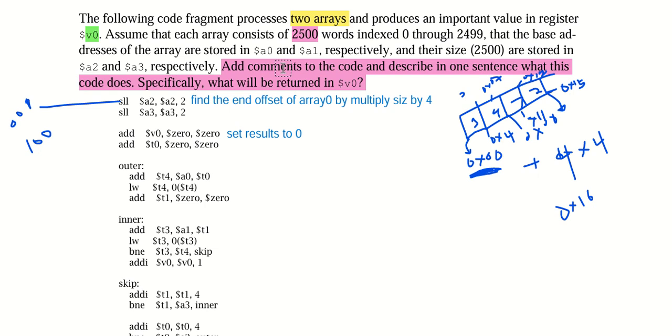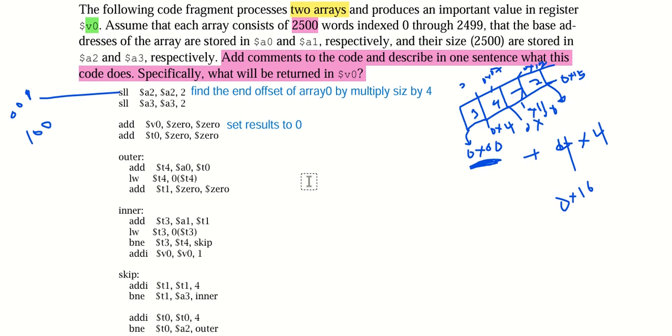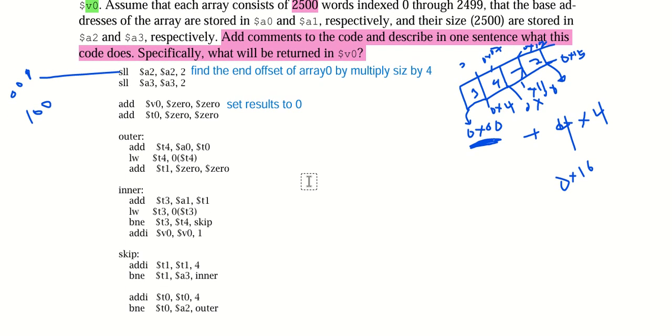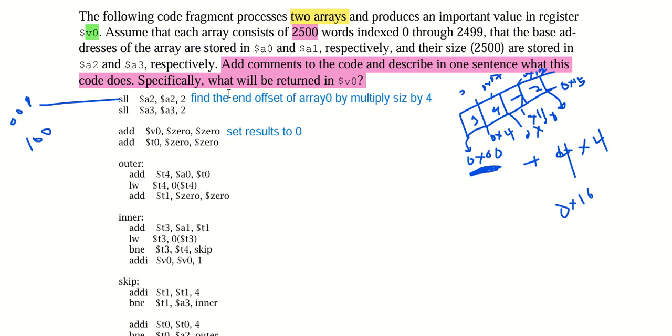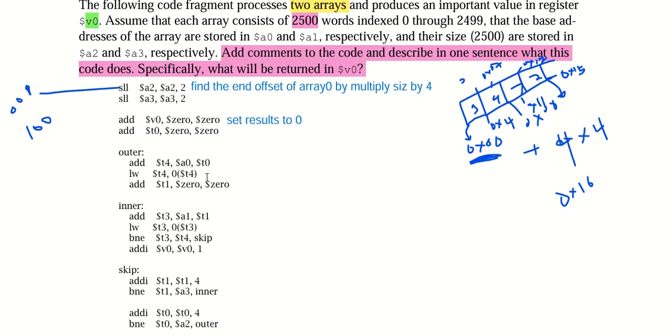So first, you just try to quickly go through the code if you can guess. So when I look through the code, I realize that here they try adding t0 to a0, and a0 is an address, right? So it means that t0 was acting as kind of an offset here.